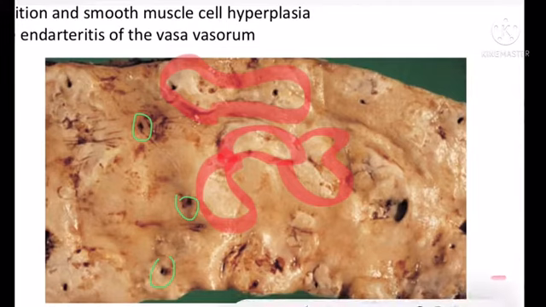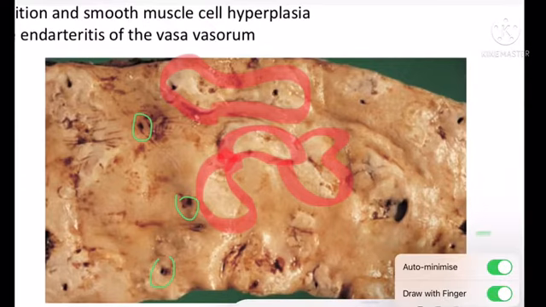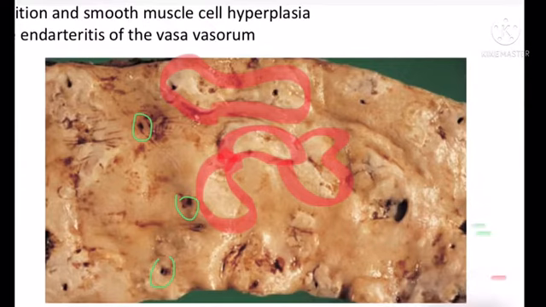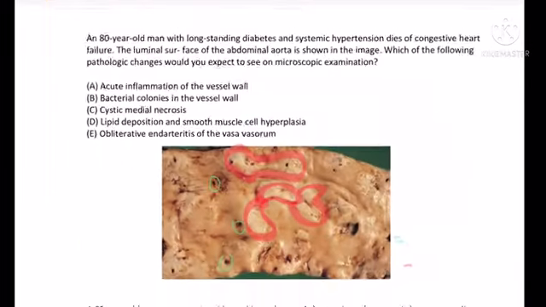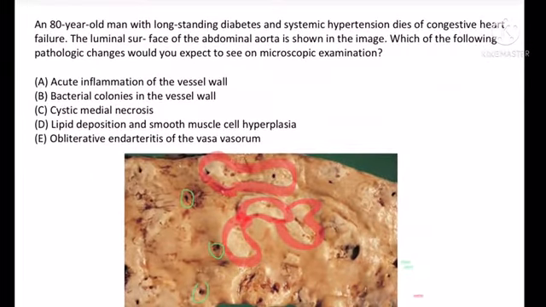If you have some idea about atherosclerosis, then we can say that in a condition where there is accumulation of fat, lipids, in the intimal layer of the vessels, there we can see some yellowish discoloration.